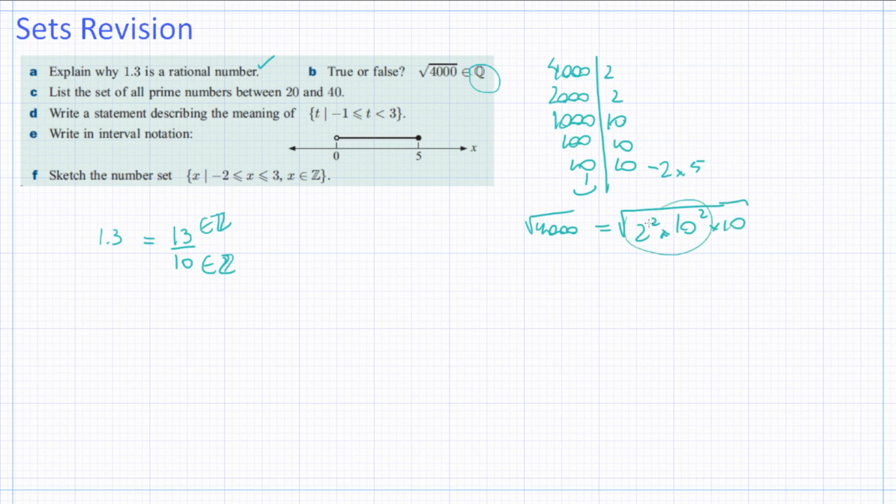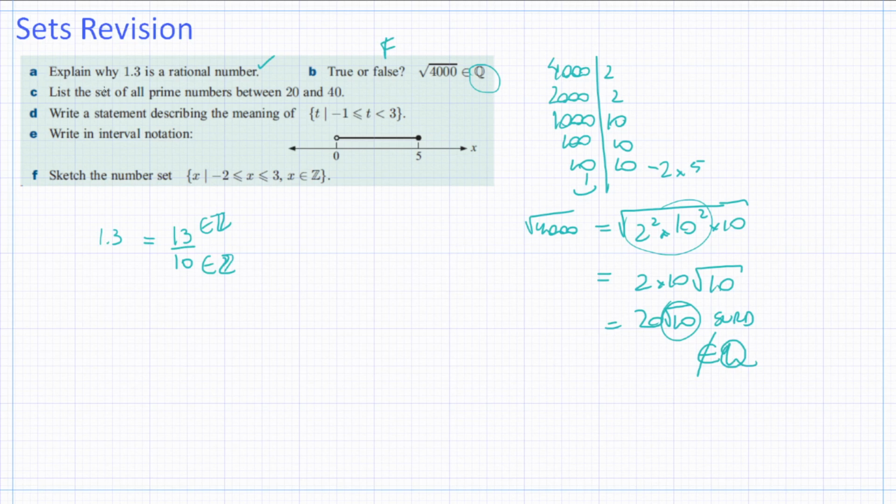And we can get those two out of the root. So we can rewrite this as 2 times 10 root of 10. So that's 20 root of 10. And we cannot extract anything from the square root, so this is a surd. And therefore, since it's a surd, it's not a member of the rational numbers. So, false.